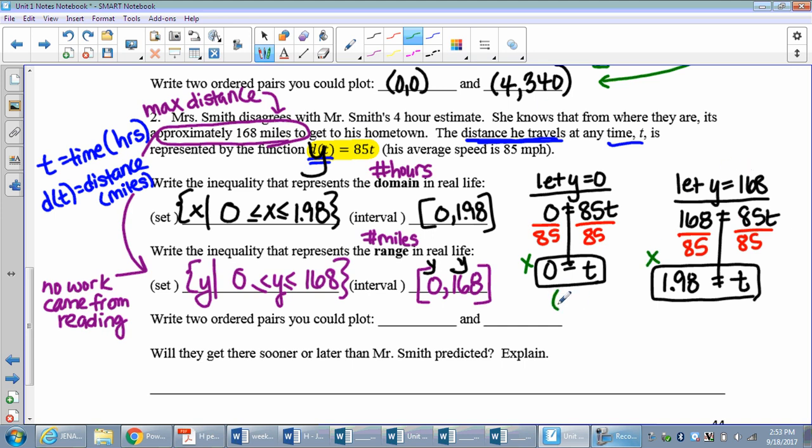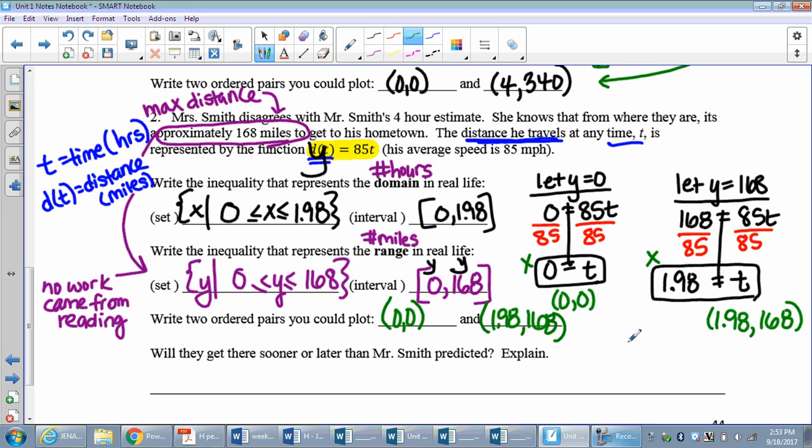So my first one would be 0, 0, and here 1.98 because that's my x value, comma, the y value, 168. So then I just fill in these 0, 0, and 1.98, comma, 168. So always get your ordered pairs from the algebra you do.